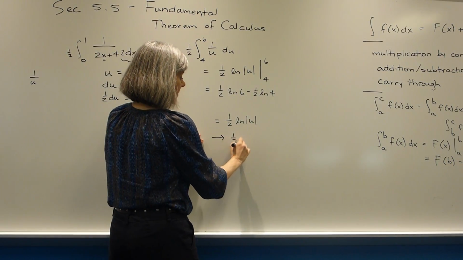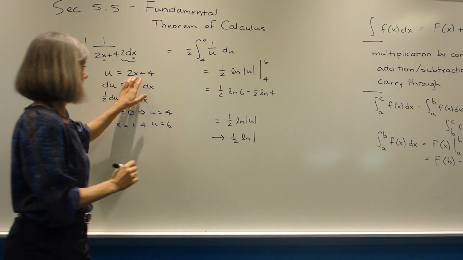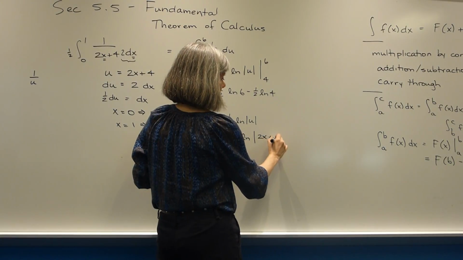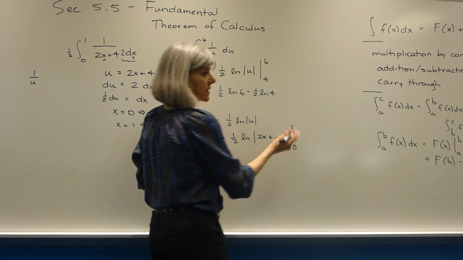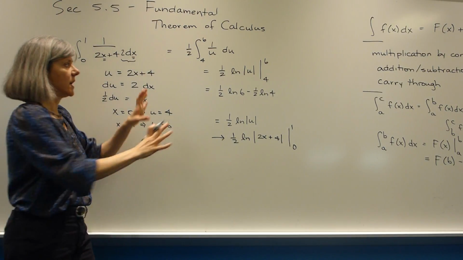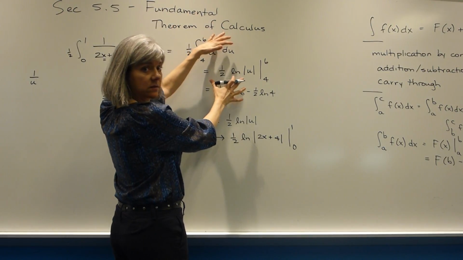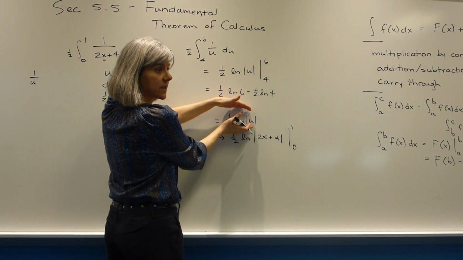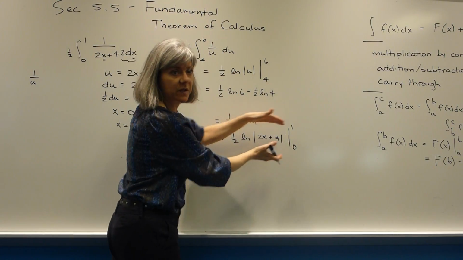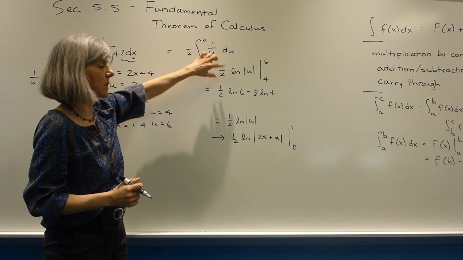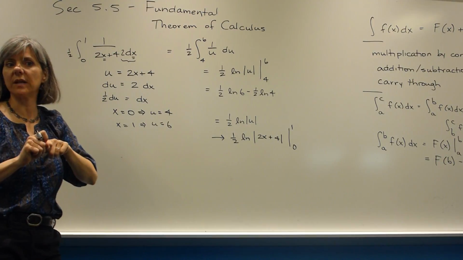So if I wanted to go back to x's, I would just stick the 2x plus 4 back in. And now I can use my old x limits. So if you're using u substitution, which is totally fine, either go all in, all the way to u, including the limits, or find your antiderivative, back out to x's, and finish in x. That's the only piece: the limits of integration must match the variable. So either way is fine.